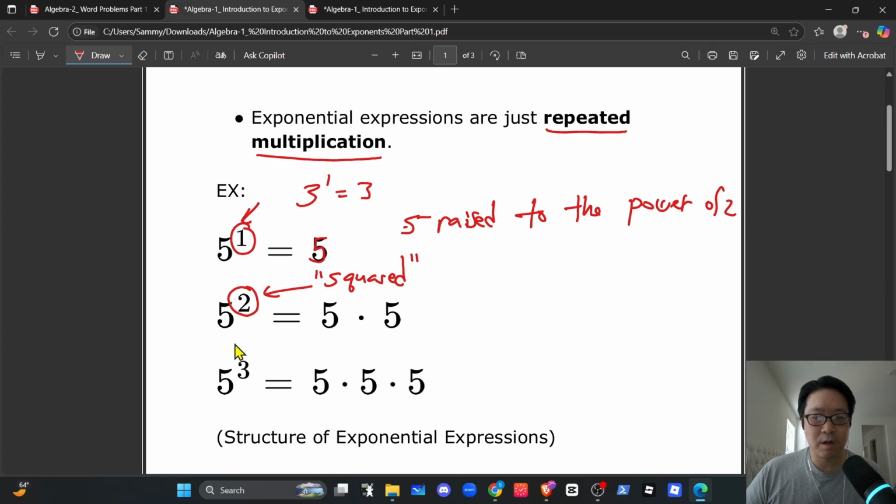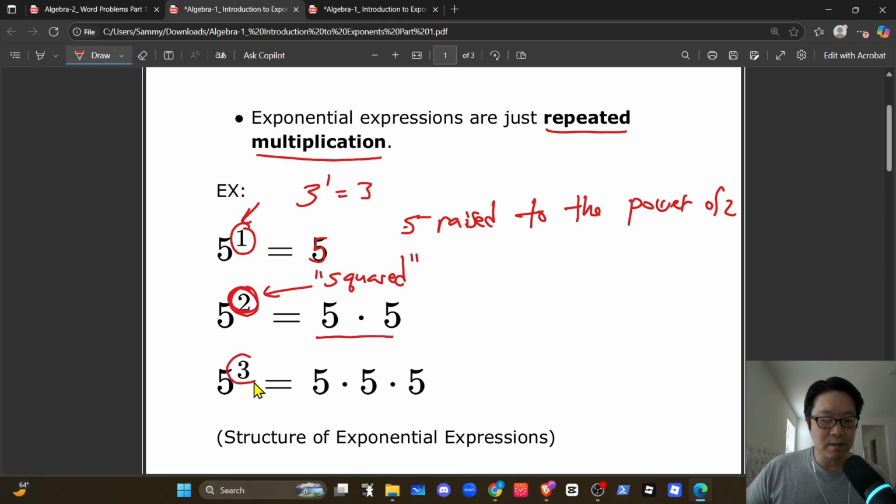So there's a couple ways of saying this. You could say it's 5 squared, 5 raised to the power of 2, and you could also say that it's 5 with an exponent of 2. All of them mean the same thing. It's just multiplying 5 by itself twice.